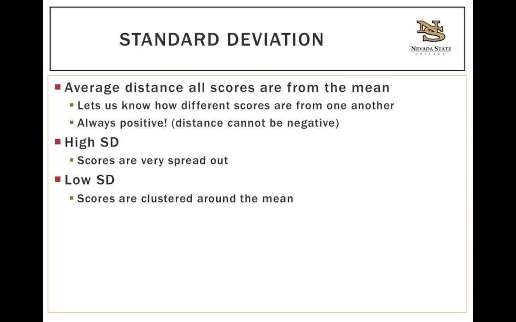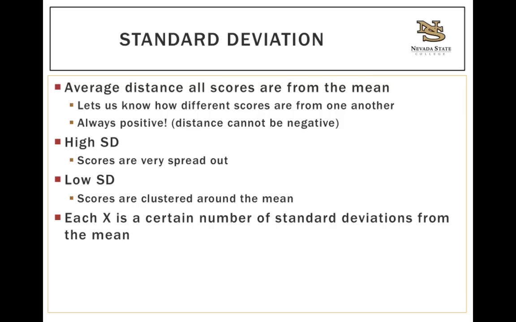Now, each of those people has a raw score, and we're going to represent that with X. But more importantly, each score is a certain number of standard deviations from the mean. So the ones that are closer to the mean will be within one standard deviation above or below.